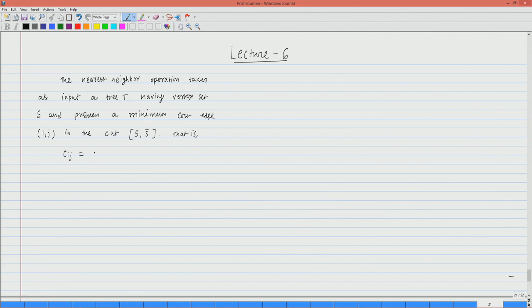C I j is the minimum of C A b, the cost of the edge A b, where A belongs to S and B belongs to S complement. Okay. So, note that S complement is V minus S. Okay. So, let me give one example to illustrate this definition.